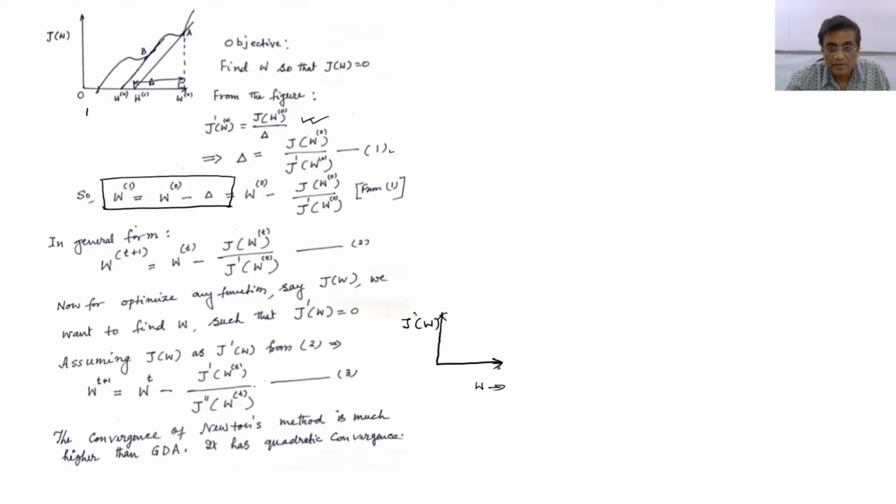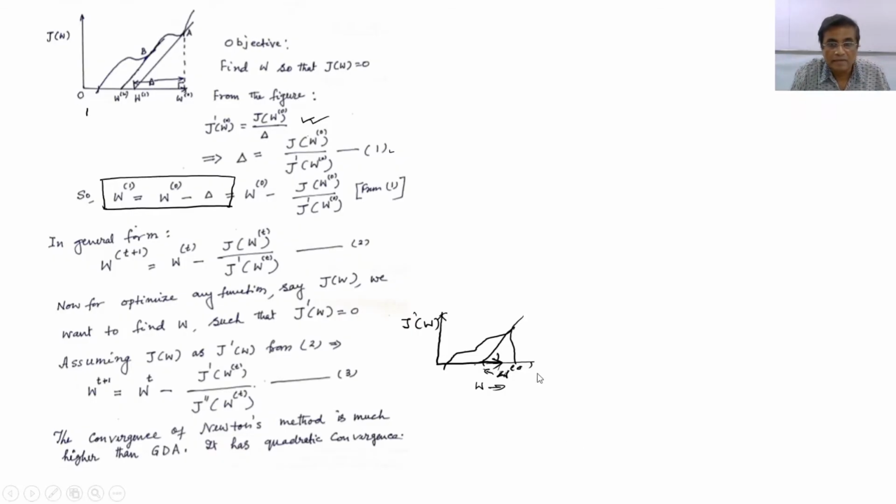So here is our w0, and this is the function. You do the same thing, but now this function itself is J prime(w), and all others are the same as here.